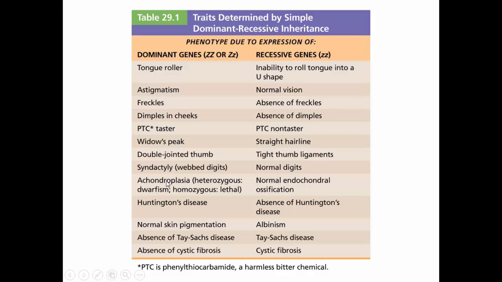Now, this is not truly dominant recessive because you can see the heterozygote shows incomplete dominance. If the individual is heterozygous, they're a dwarf. But if they're homozygous for the recessive allele, then they really don't live long enough to even be born. Huntington's disease is also a dominant disease. Here are some recessive characteristics. These are only going to show if the individual gets two recessive genes: Tay-Sachs disease and cystic fibrosis.